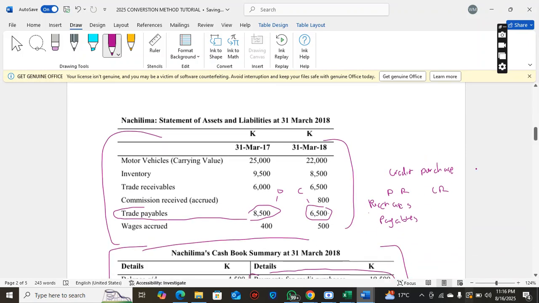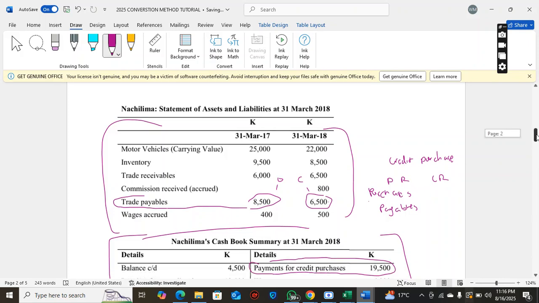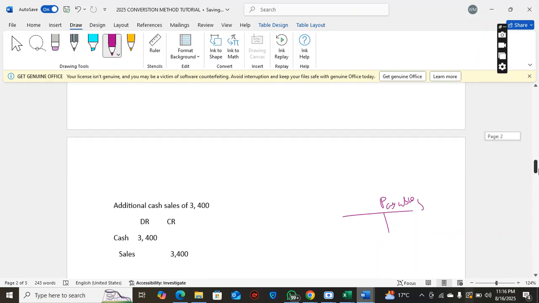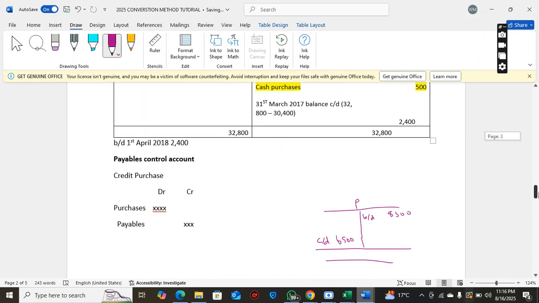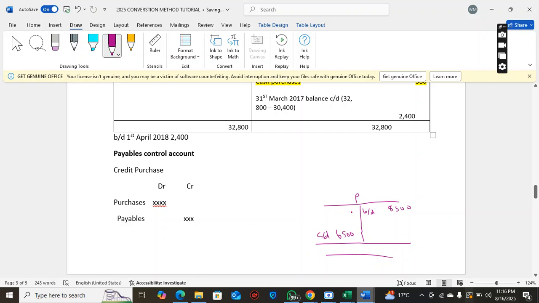Now, these credit purchases on the control account, where are they going to appear? I forgot to mention that. On this control account we've made here, before I show, where is it going to appear, credit purchases? It's going to appear on the credit side, colleagues.